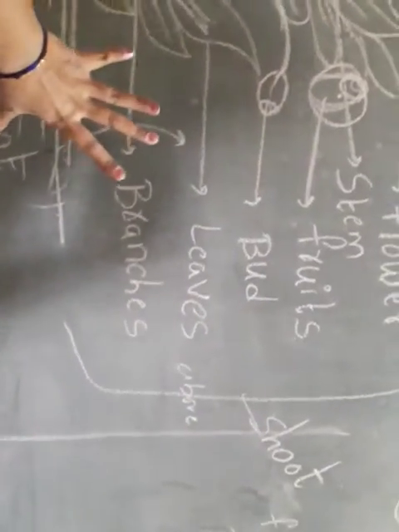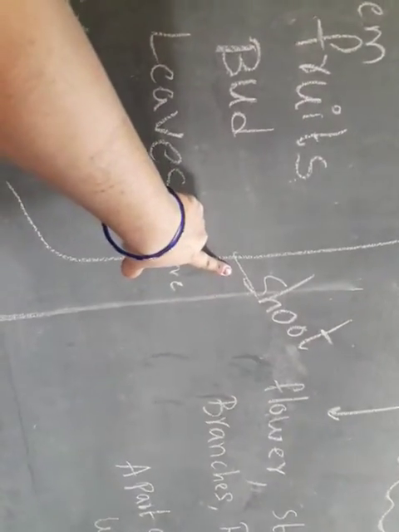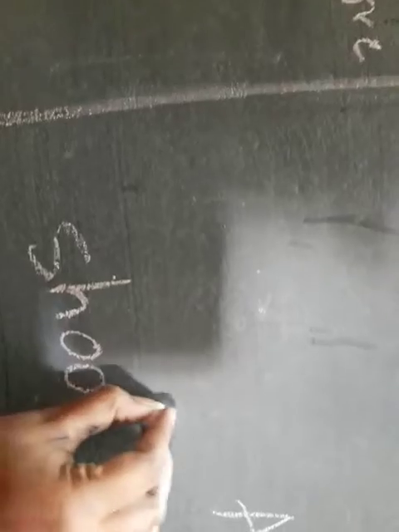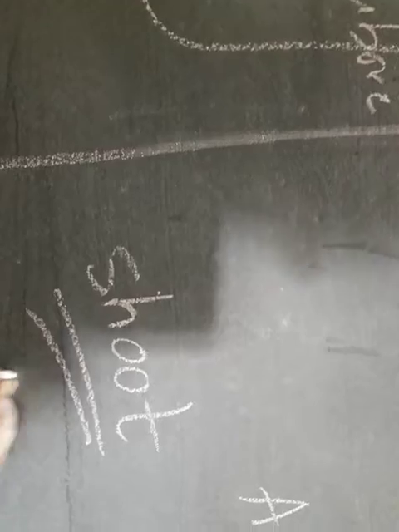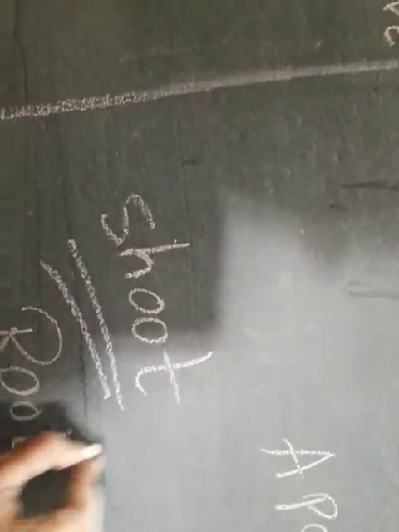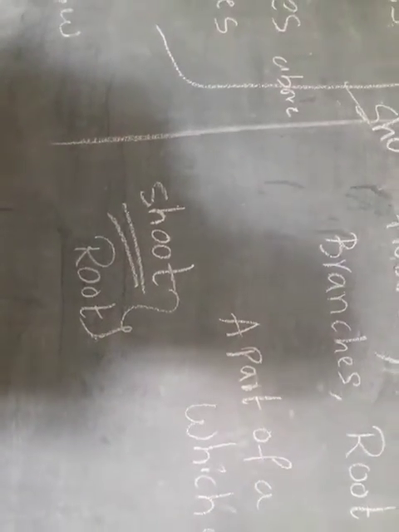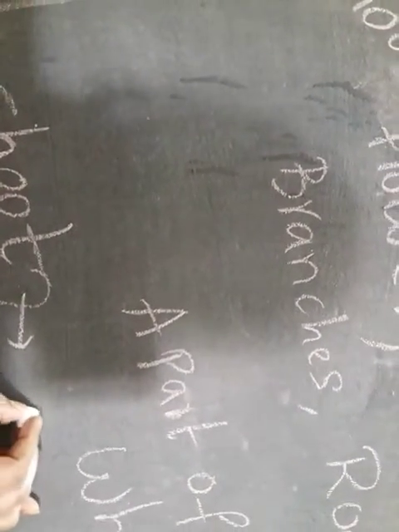A part of a plant which grows above the ground is called shoot, and a part of a plant which grows below the ground is called root. These are the shoot and root. Which grows above the ground is called shoot part, and below the ground is called root part. Shoot and root. Can you understand? Shoot means which grows above the ground.